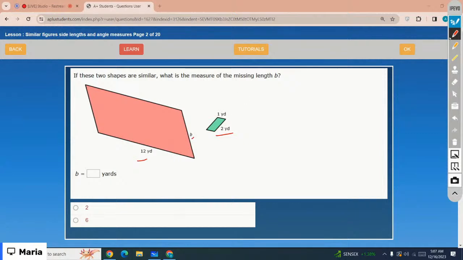Let's make a proportion: 12 yards divided by 2 yards equals B divided by 1. Just solve this for B. Cross multiply: 12 times 1 is 12, divided by 2 is 6. That means the missing side length is 6 yards.